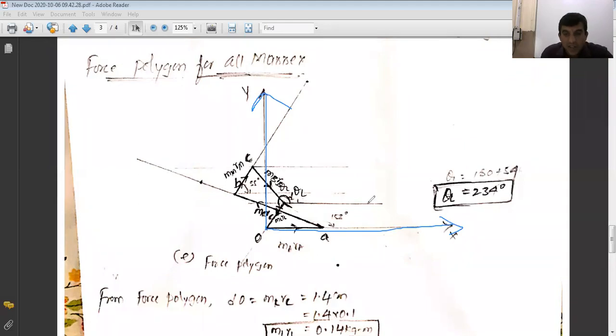The same scale from the previous force polygon: 0.1 kg meter is equal to 1 centimeter.